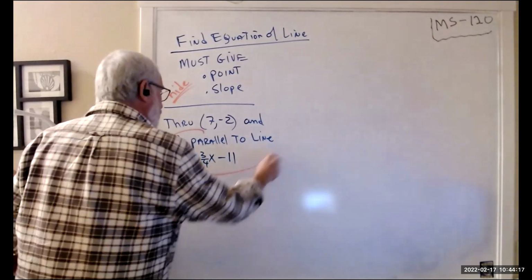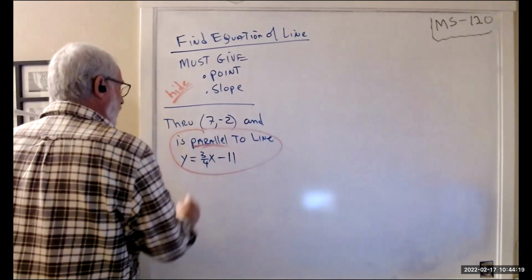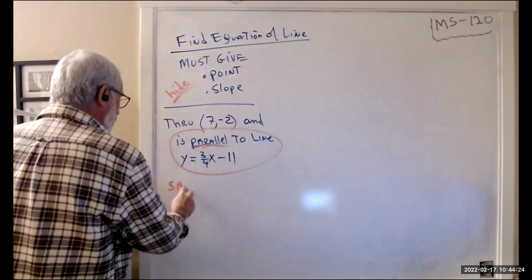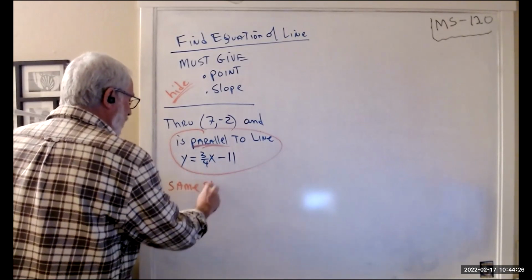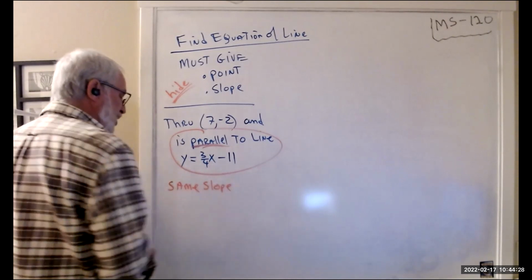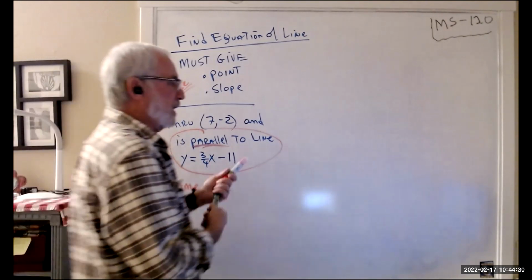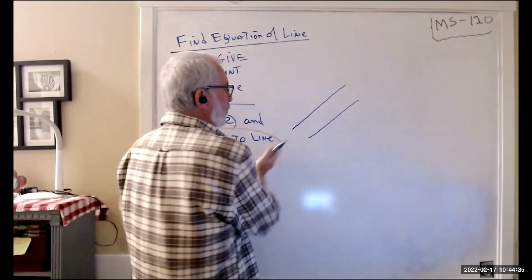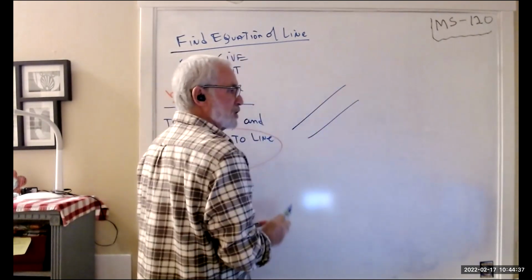Inside the word parallel, which means same slope. When two lines are parallel, they have the same slope as each other. Just think about it. Parallel lines look that way, their slant is the same.